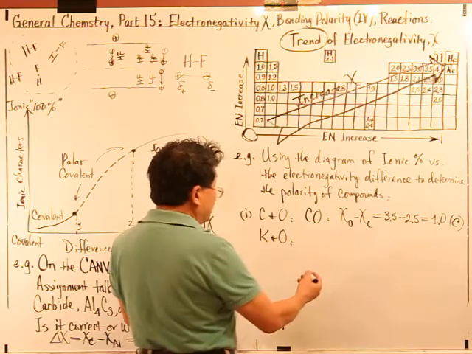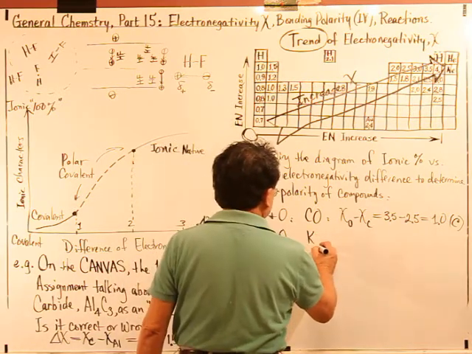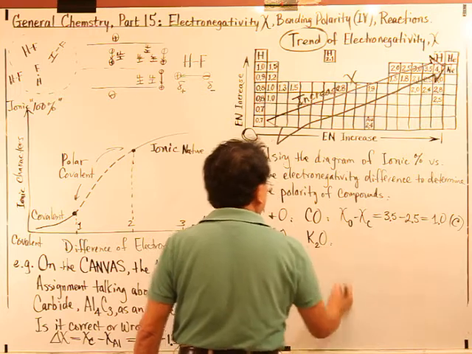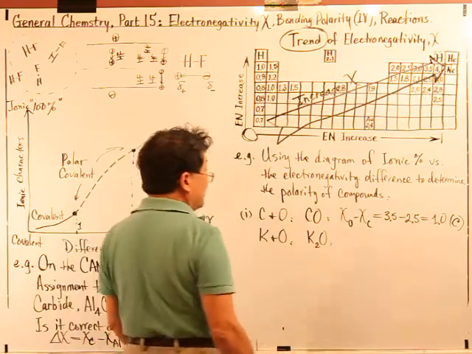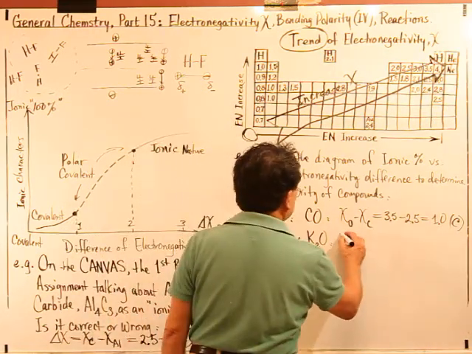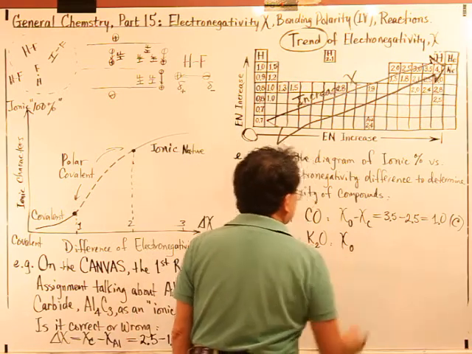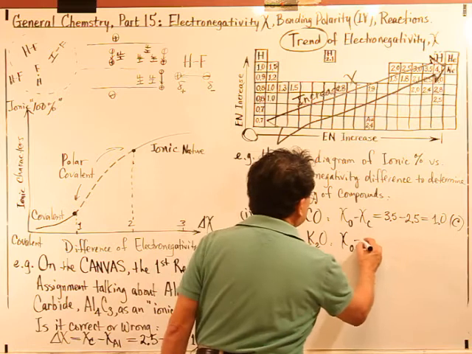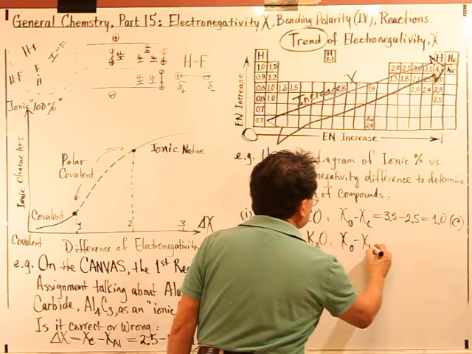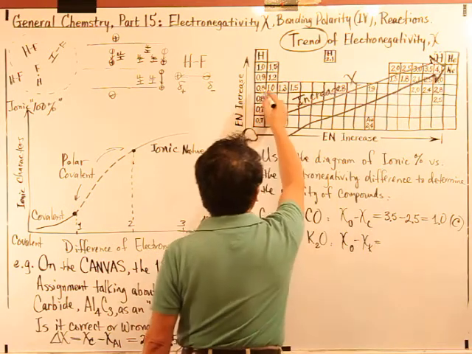So the chemical formula must be K2O, right? For the difference in electronegativities, oxygen is bigger, and potassium is 0.8.